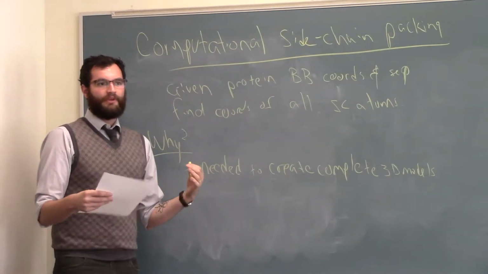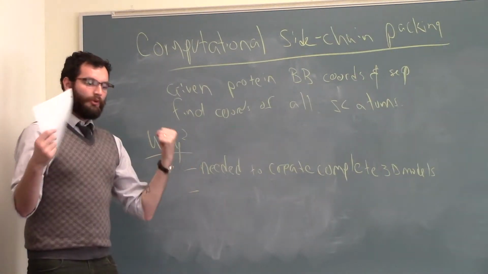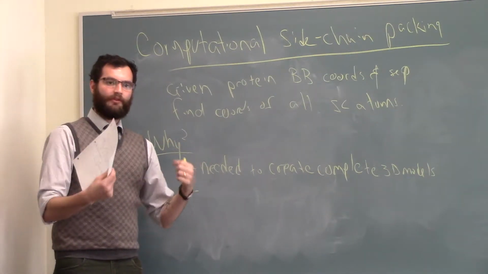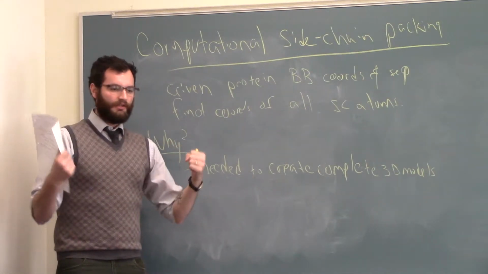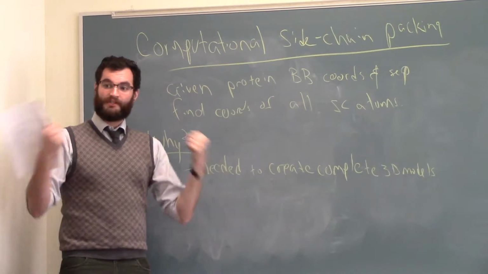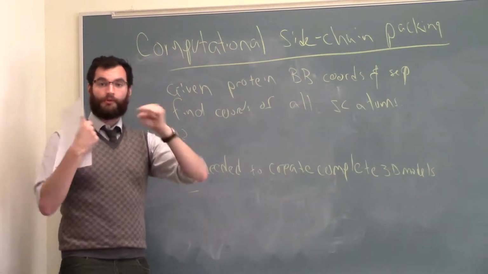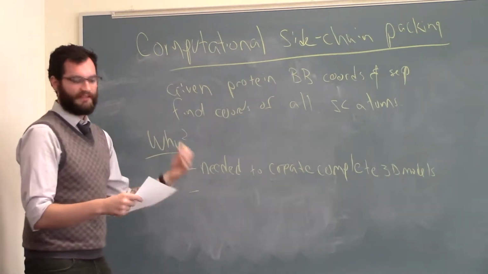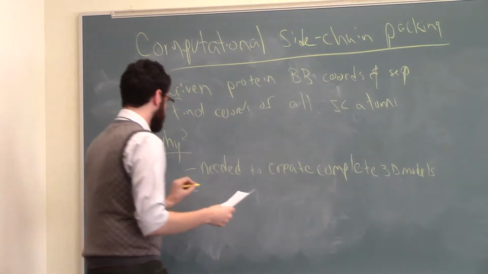And you can imagine if we had two proteins that were crystallized and we had their sidechain coordinates in perfect resolution, if we wanted to simulate docking or something, those sidechains might move around. So we need to simulate that flexibility for other applications.